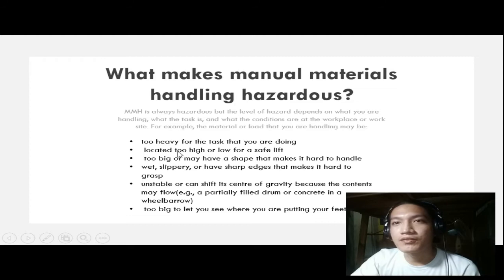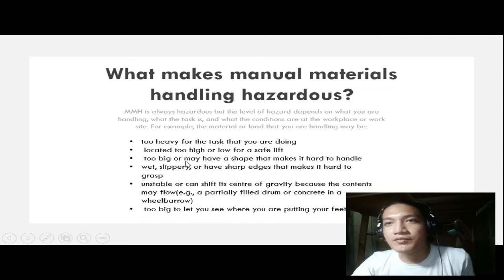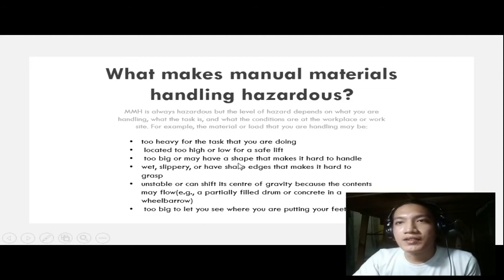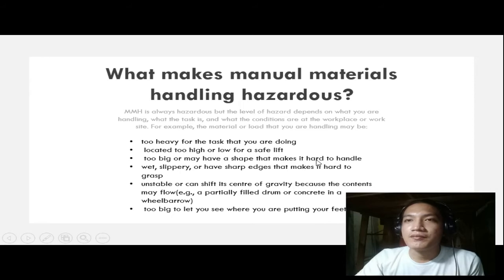Located too high or low for a safe lift. Too big or may have a shape that makes it hard to handle, like round objects where you have no corners to hold, so it is dangerous.